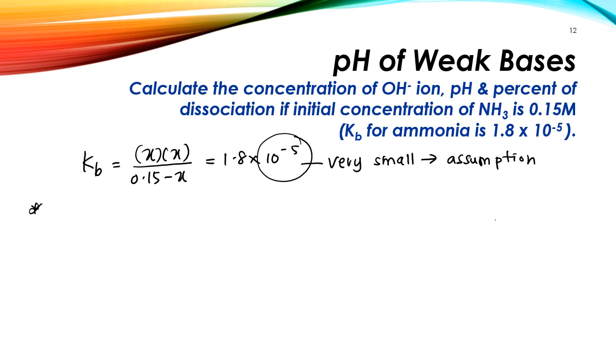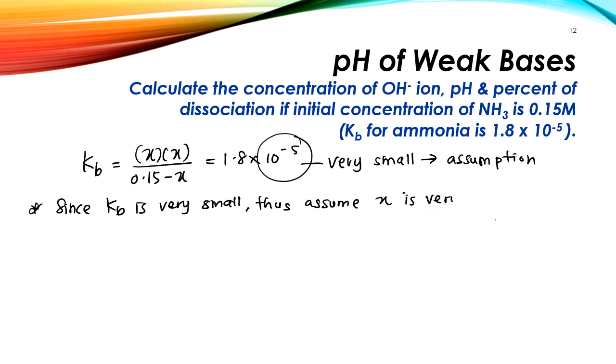So, write the explanation. Since the Kb value is very small, we can assume that X, the dissociated quantity, is very small.